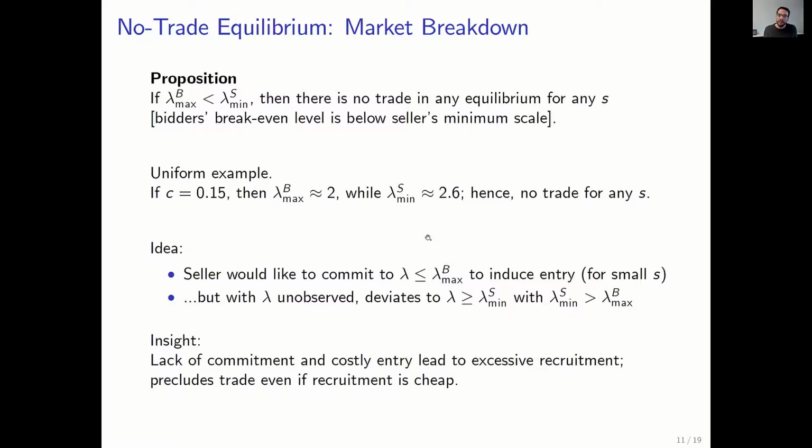And then the bidders would not be able to recover their entry costs. Okay? So the insight is that the lack of commitment by the seller, not being able to commit to a particular lambda, together with the costly entry by the bidders, leads to excessive recruitment. The seller will have an incentive to recruit too many bidders, and this then precludes trade, even if recruitment is cheap, meaning even if S is small.